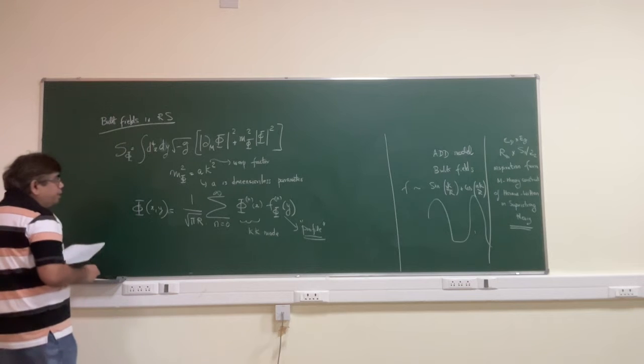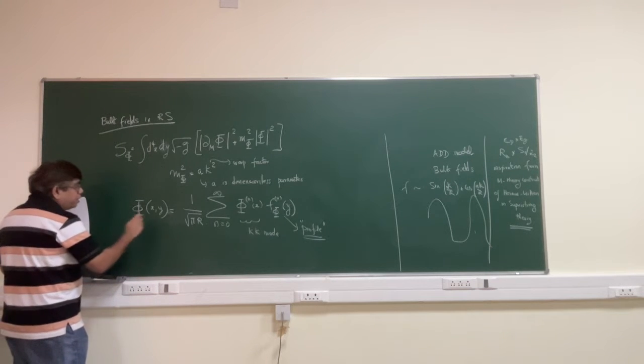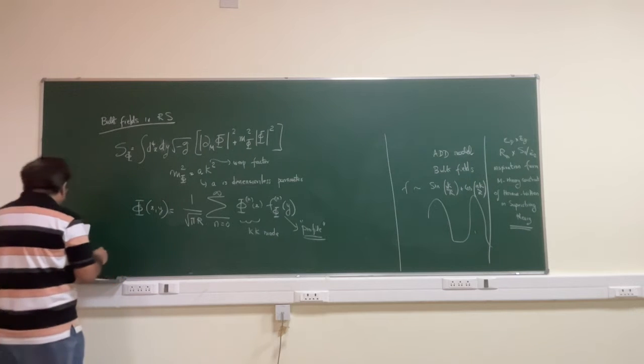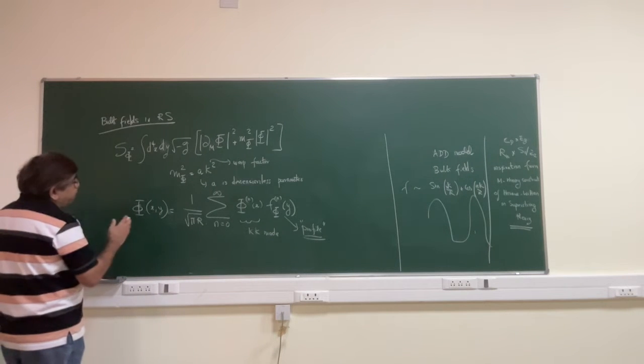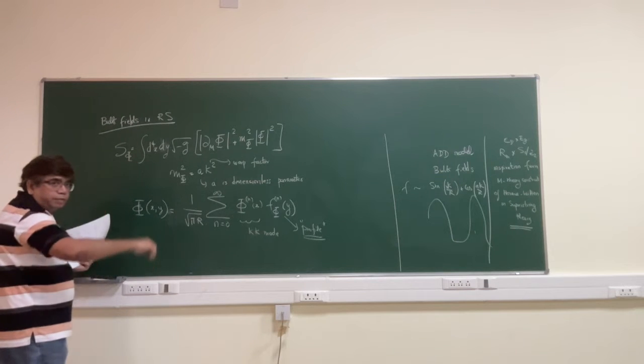Now, the basic idea is that if you integrate over y, you should get an effective action, and the form of the effective action should be something like an equation of motion for the Klein-Gordon field, with all the modes and everything.